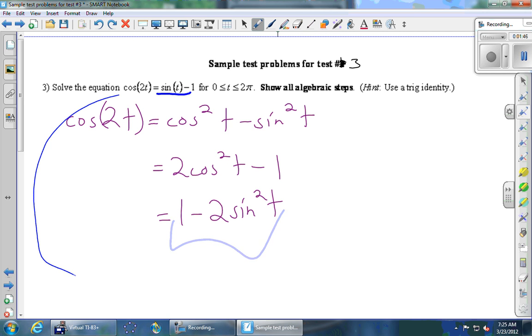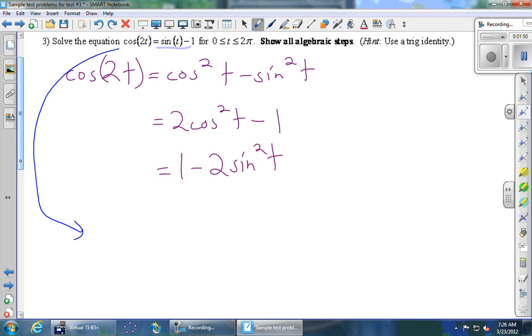So, rewriting the left-hand side using our identity, instead of cosine of 2t, we're going to put 1 minus 2 sine squared of t. And then we're going to copy the right-hand side of that equation. So just replace the left-hand side with our bottom identity, copy the right-hand side.